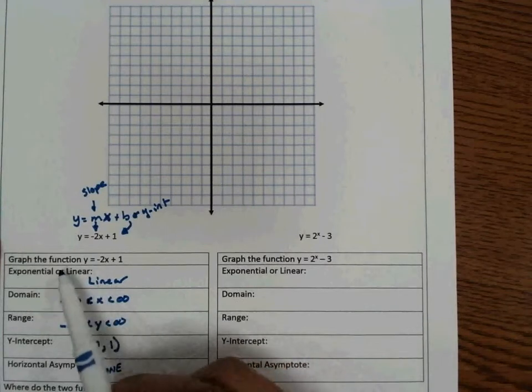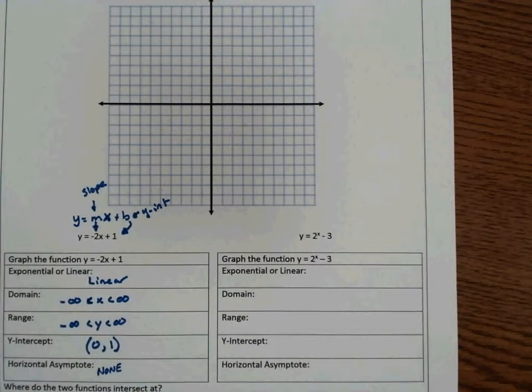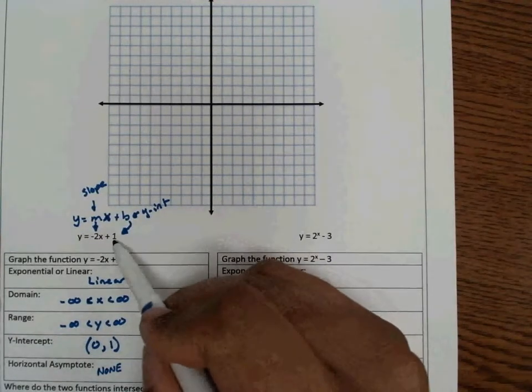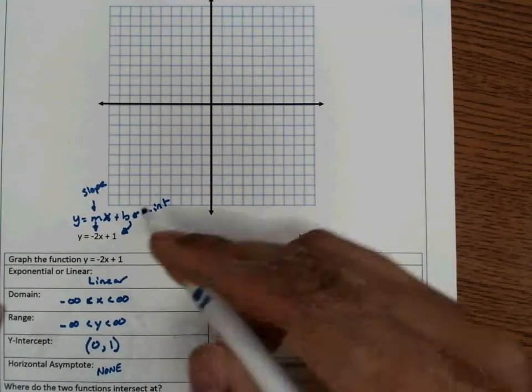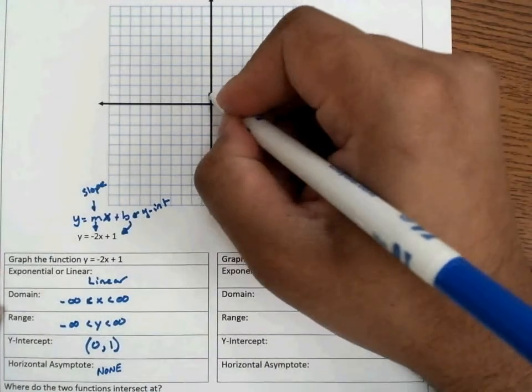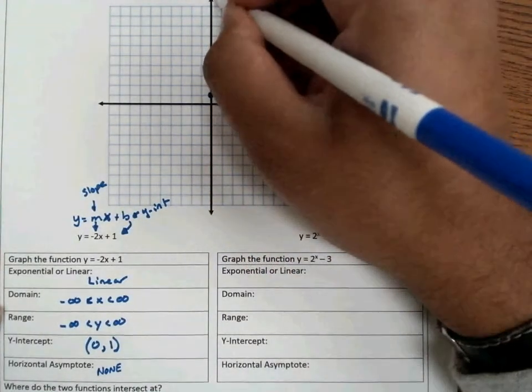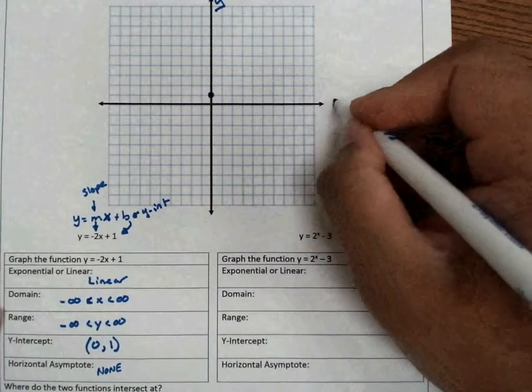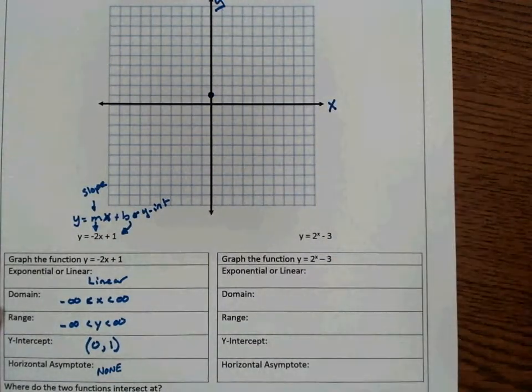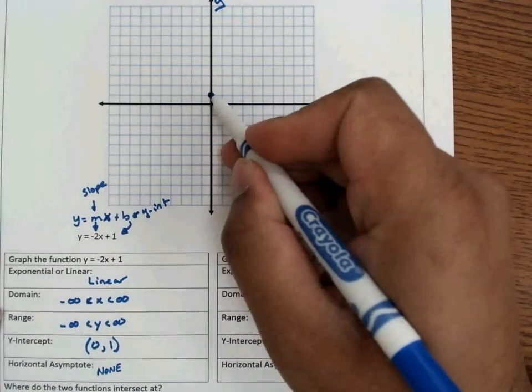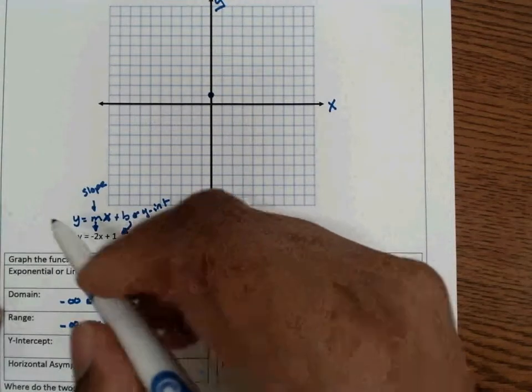So the very last thing we have to do is graph the function y equals negative 2x plus 1. So in order to graph it, we're going to start off at our y-intercept, which is 1. So I'm going to go to 1 on the y. So remember, this is our y here, and this is our x. So I went to 1 on the y, our y-intercept. And our slope is negative 2.